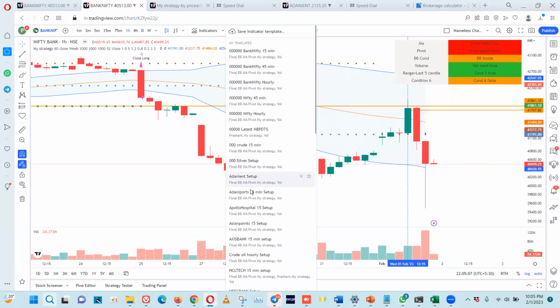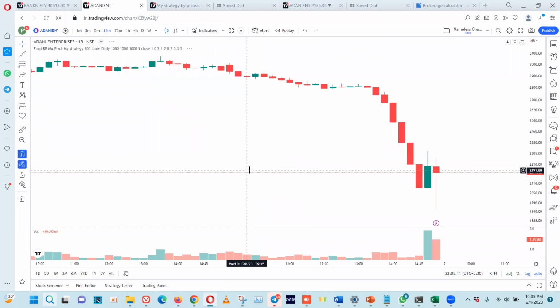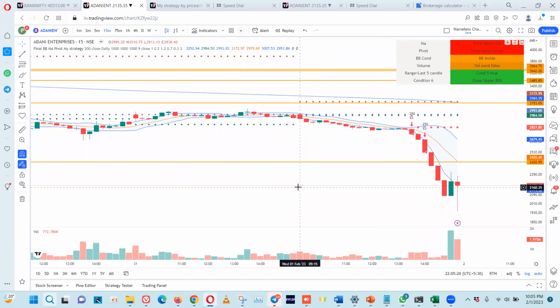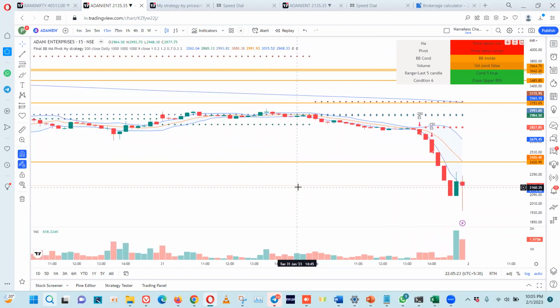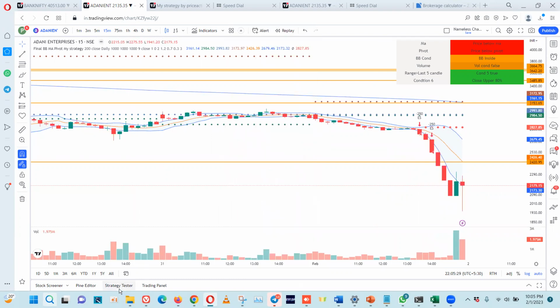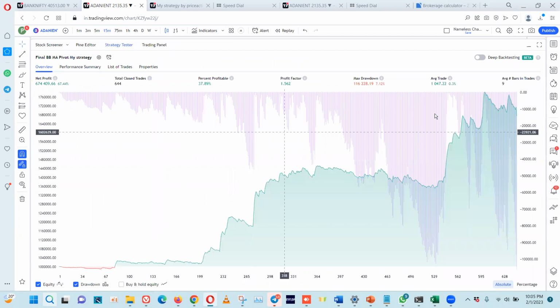So if we select Adani Ports, Adani NT, let us see Adani NT. See, Adani NT has given a short entry here, one more short entry here. Then how is the strategy result?